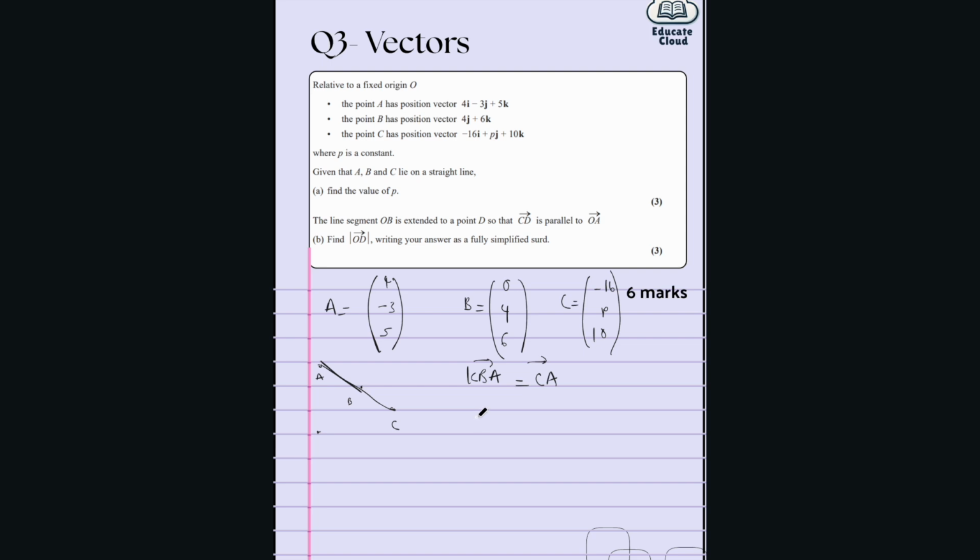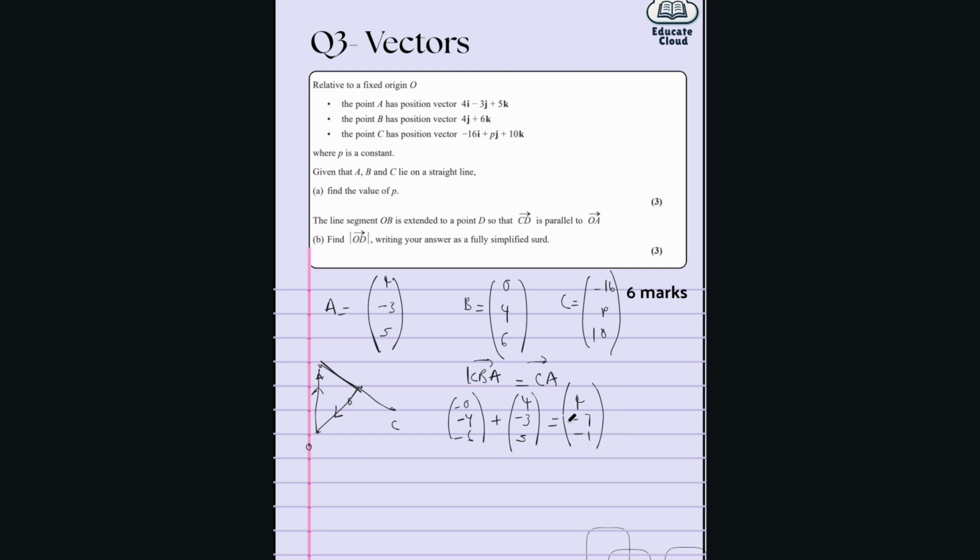Okay? So BA, well, that's going to be the opposite of OB plus OA. So opposite of OB is going to be minus 0, minus 4, minus 6, plus the OA, which is equal to 4, and then minus 7, and minus 1.